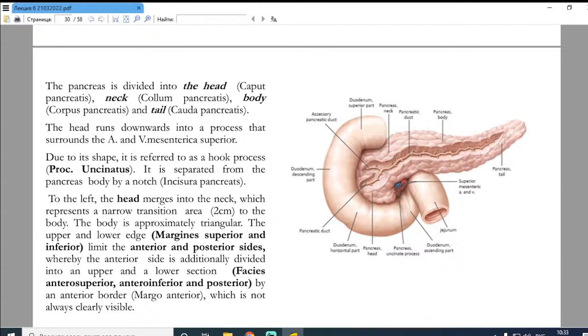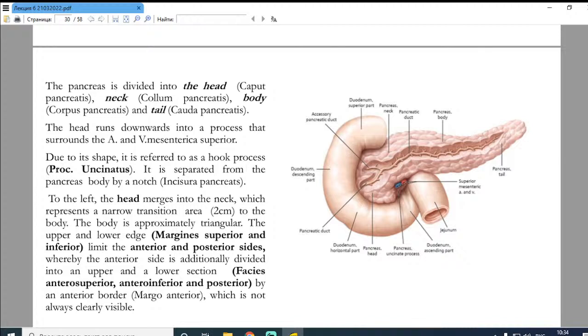To the left, the head merges into the neck, which represents a narrow transition area to the body, approximately 2 cm. The body is approximately triangular.